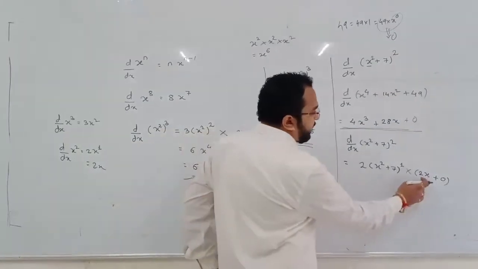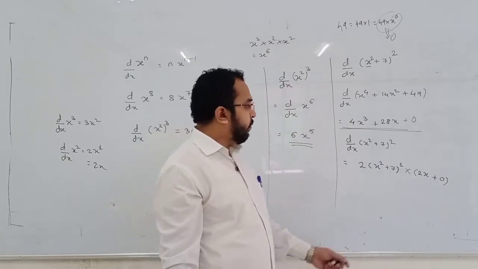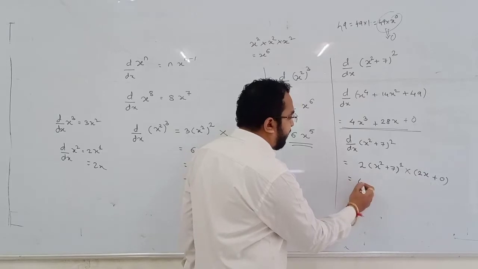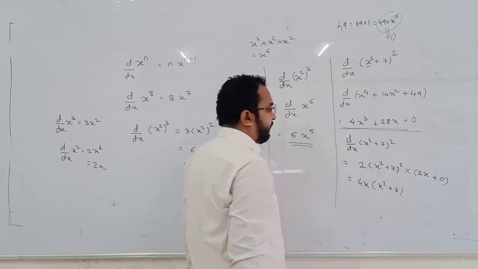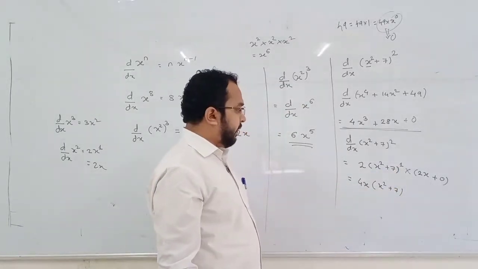Now 2x plus 0 will be 2x. So multiply this 2x into 2. 2x into 2 it will be 4x. In bracket x square plus 7. Power 1 means okay, it will be set there.